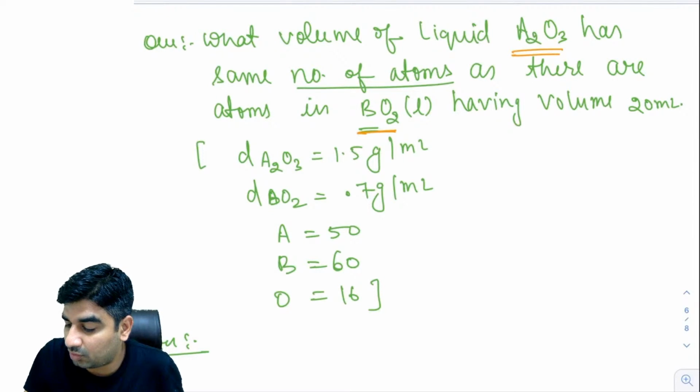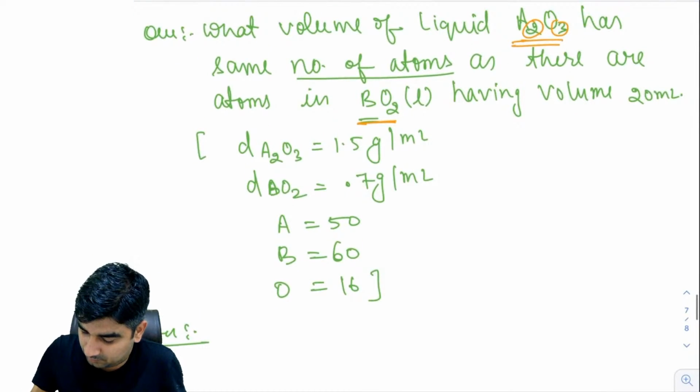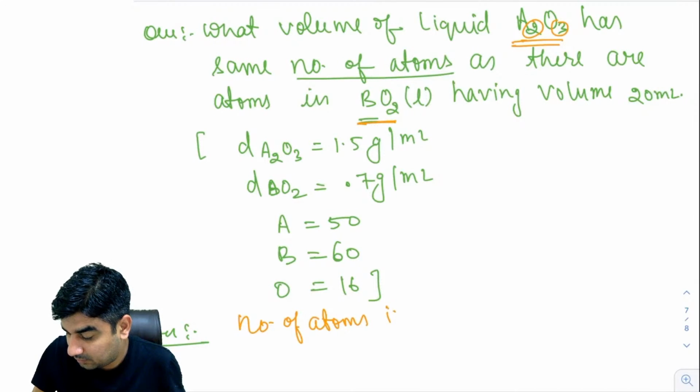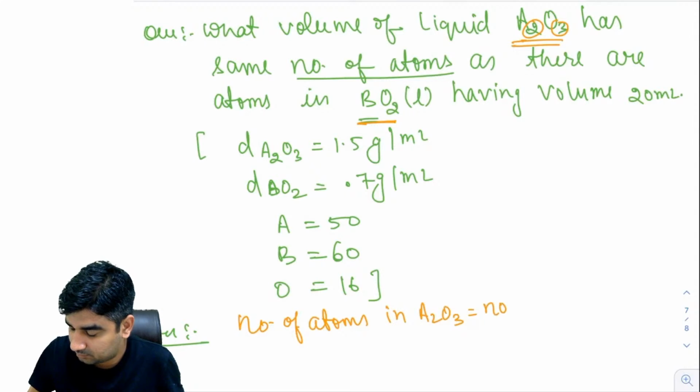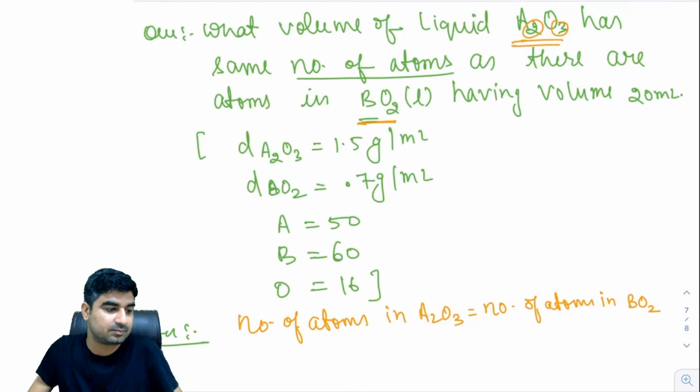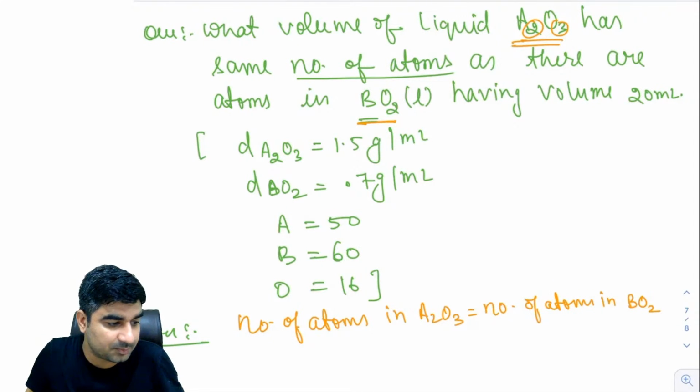So one molecule of A2O3 will have 5 atoms. So number of atoms in A2O3 are equal to number of atoms in BO2. So now what will I do? Yes, you are also right.